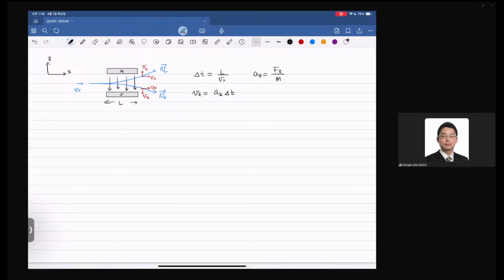That's the velocity you will gain after passing through this magnet. And then that is F_Z over m times L over Vx, okay? And then that is going to be the same as 2 mu B.